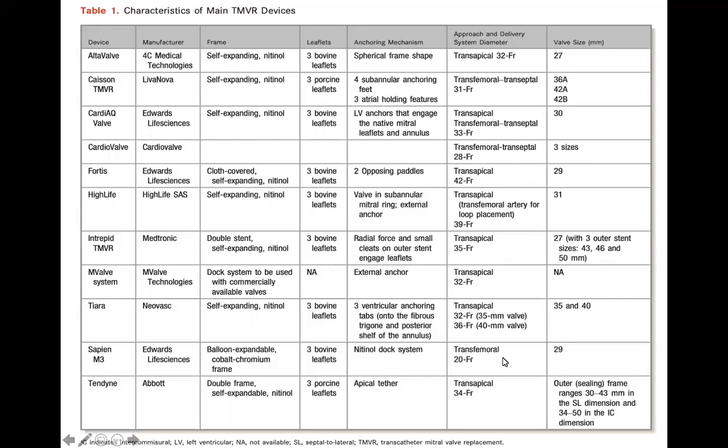CBN, of course, has transfemoral. They are developing, but all that will affect the delivery system because it is a big valve and needs a big delivery sheath. This is why many of them are via transapical, and also the complex anatomy of the mitral valve as well.